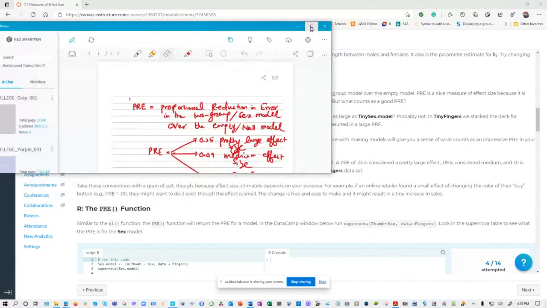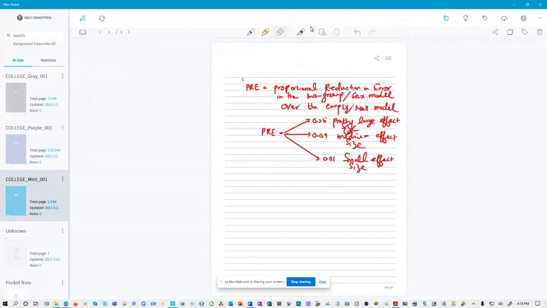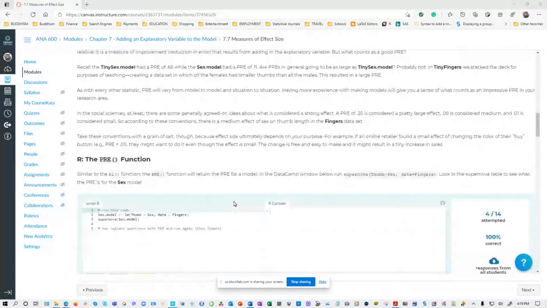For example, in the fingers data, sex or gender has a PRE of 0.11 on thumb length. It's a medium effect.